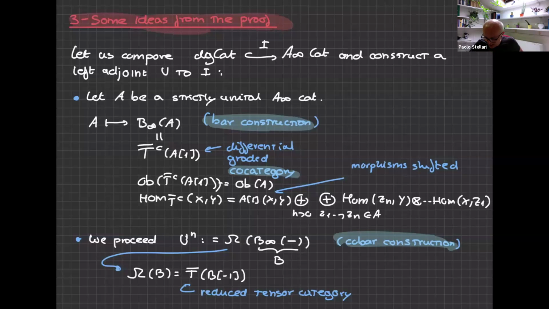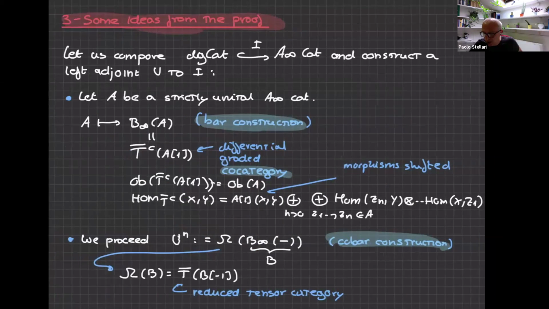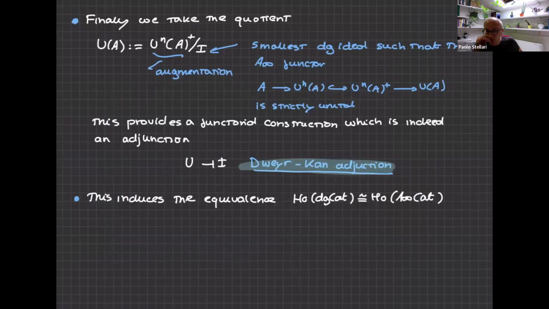And of course, we are not done yet because if we apply this to a strictly unital infinity category, we don't quite get a DG category. It's a DG category with a cohomological unital flavor. It's not strictly unital, so it's not a DG category in the sense that we mentioned at the very beginning. So we have to deal with an additional operation.